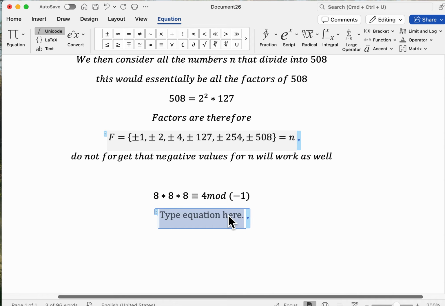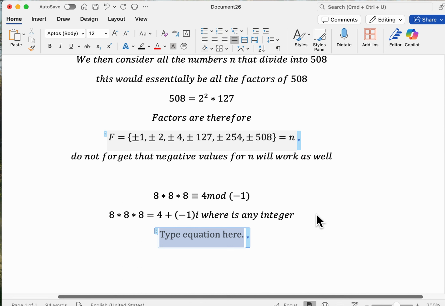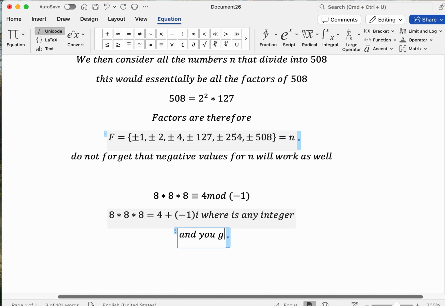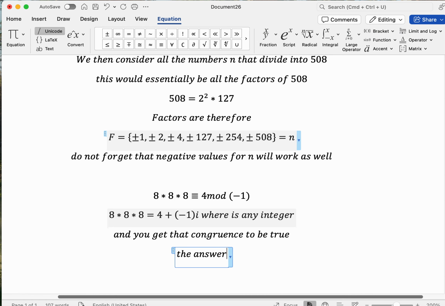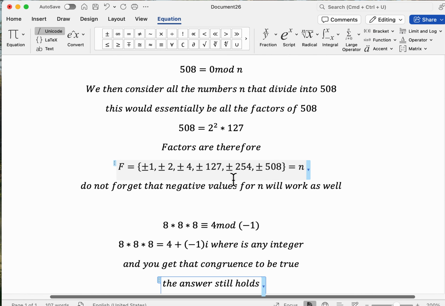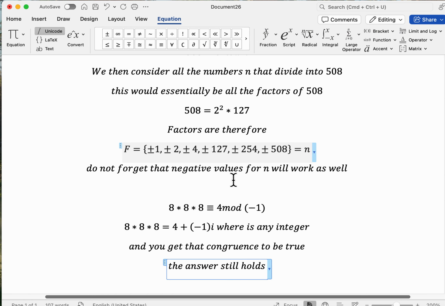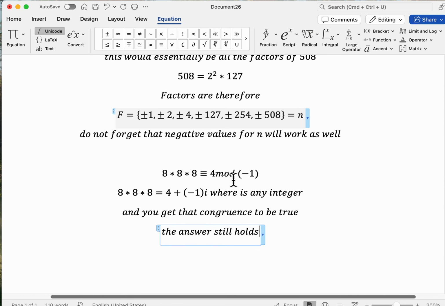You have the freedom to pick any integer. 8 times 8 times 8 equals 4 plus negative 1 times any integer I you want, where I is any integer. And if you get that congruence to be true, the answer still holds. And indeed that is the case, but I'm not going to show it for the brevity of time.